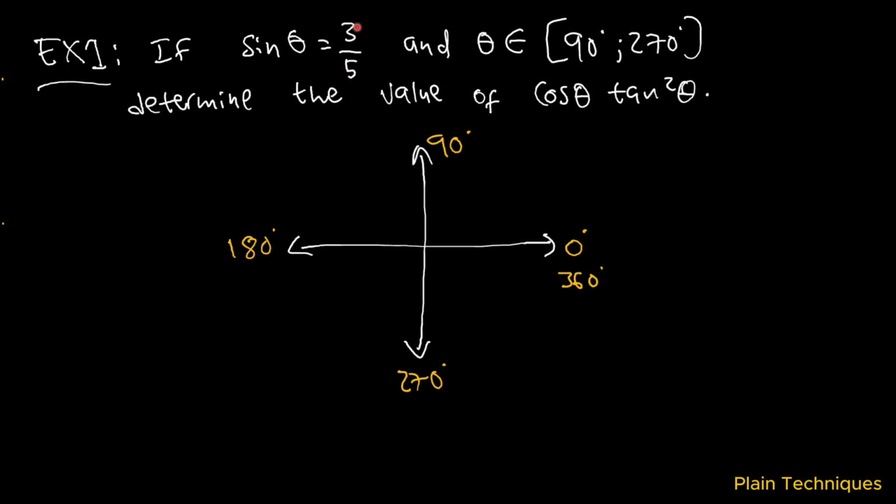Meaning this is opposite and this is hypotenuse. Now, look at the whole number. So it's positive and positive, which is positive, which means sine theta is positive.